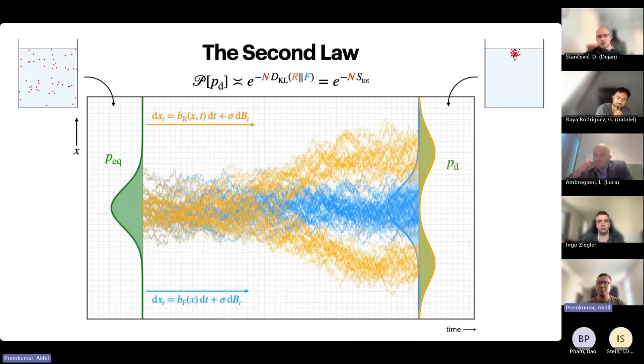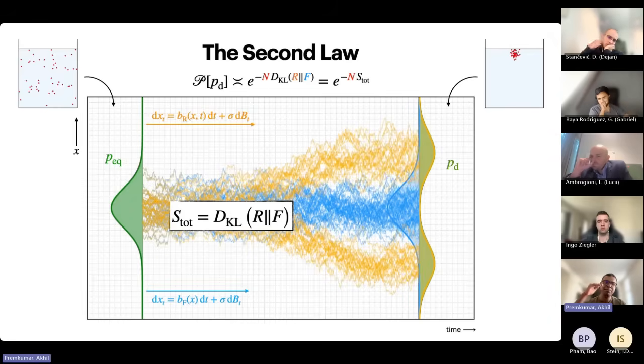Okay, so moving on, let me try to figure out where I was. The KL is just the KL between these path measures, and comparing path measures, with that being the total entropy production, is known in the thermodynamics literature as the Jarzynski equality.